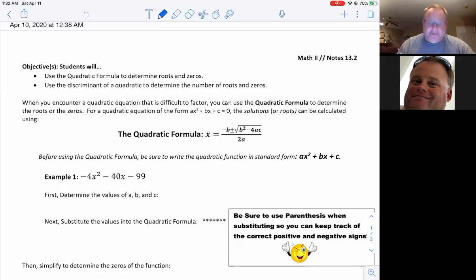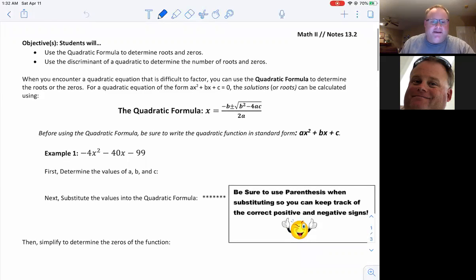So without further ado, let's get it over with. Ready? All right. Quadratic Formula Day. When you encounter a quadratic equation that is difficult to factor, you can use the quadratic formula to determine the roots or the zeros. For a quadratic equation of the form ax squared plus bx plus c equals 0, the solutions or roots can be calculated using the formula.